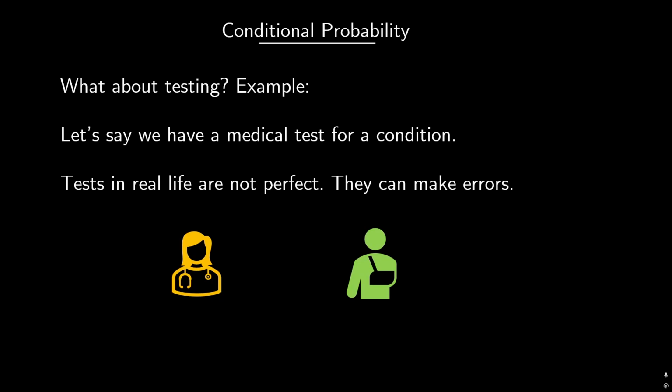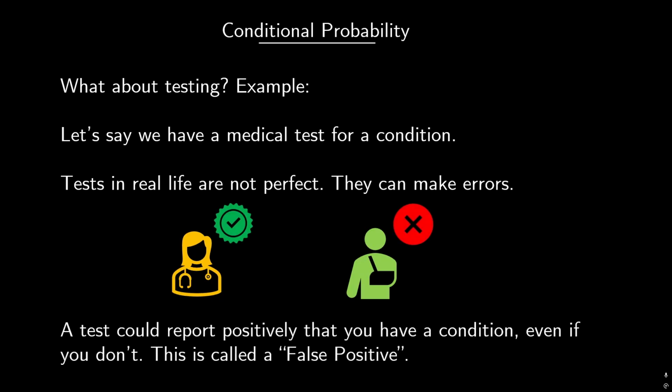So what kind of errors can you make? For one, the test could report positively that you have a condition. Bear in mind, when we say positive, we don't mean it's good news. We mean affirmative, that the test confirms a condition, even if you don't have one. When the test says yes, even though you don't have a condition, we call it a false positive because it's not a real positive.